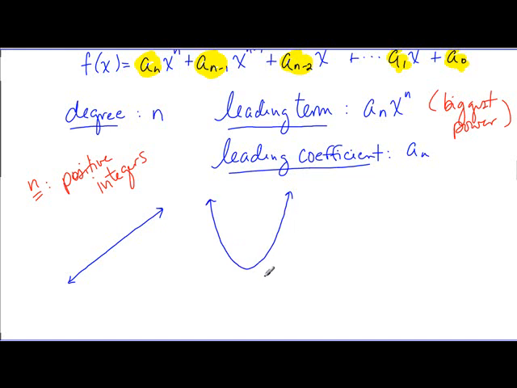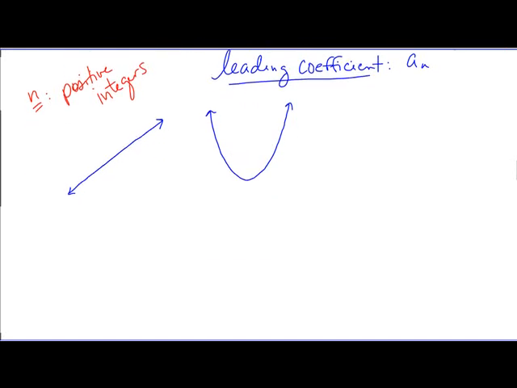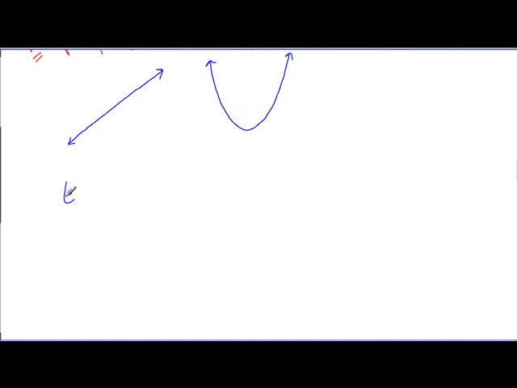One of the first things that we want to talk about with polynomial functions is the idea of end behavior. End behavior is really very simple. It's simply how the graph behaves to the far left and far right.